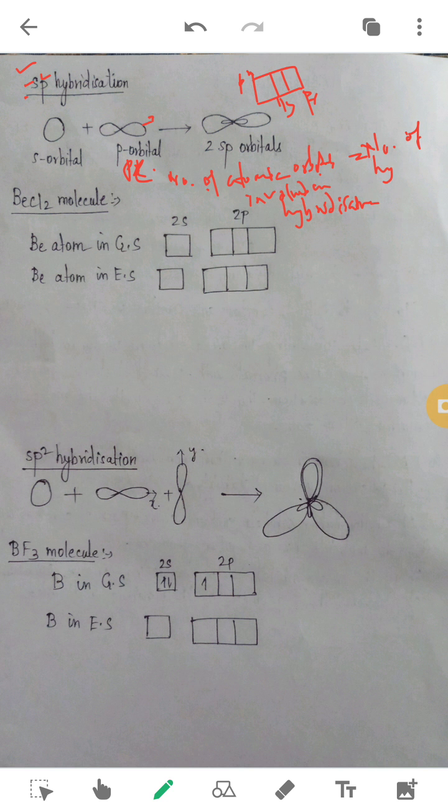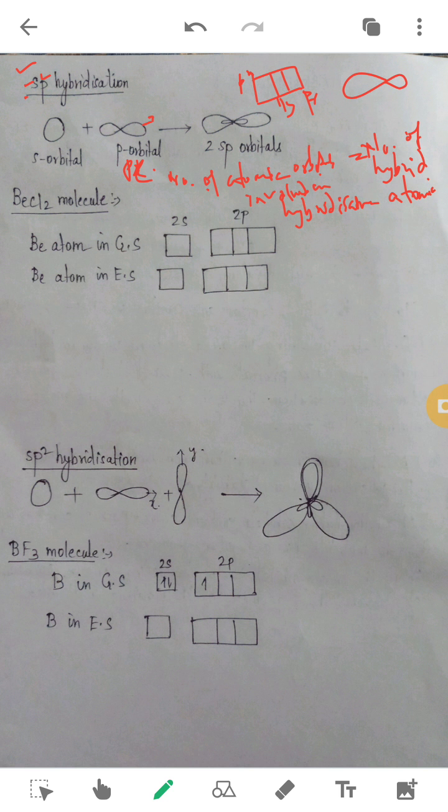So if two atomic orbitals are involved in this hybridization, how many hybrid orbitals will be formed? Two.